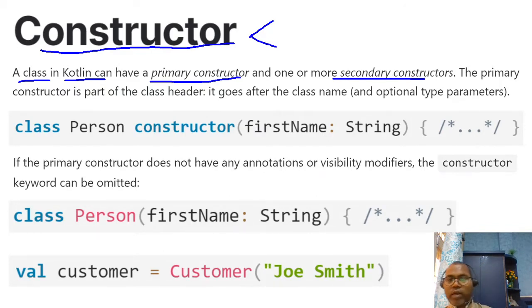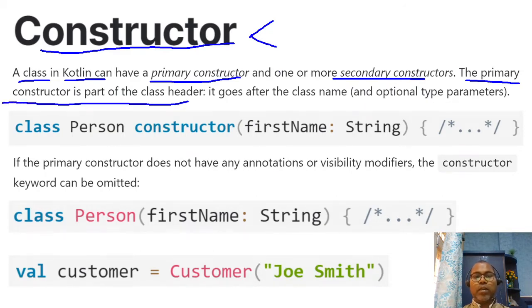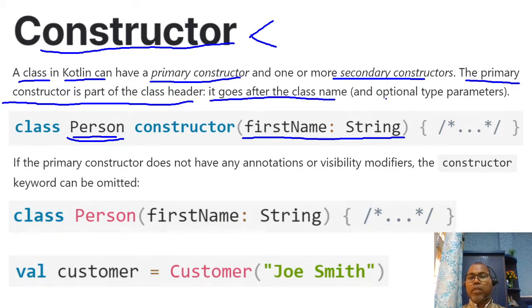The primary constructor is a part of your class header. It goes after the class name and the optional type parameters, and there you can pass a number of arguments.